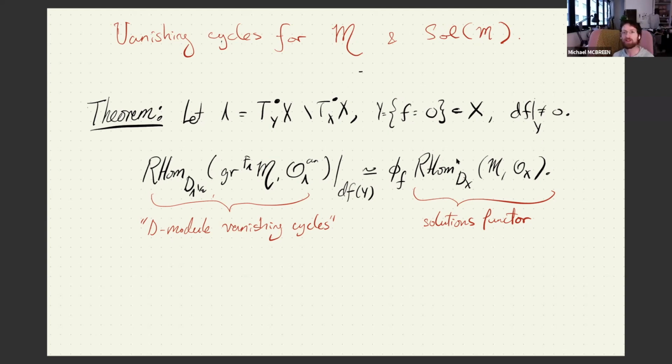This gives you a constructible sheaf on lambda, and you can restrict that to the section defined by the differential of f. That gives you a constructible sheaf on Y itself. And those two things are equal.